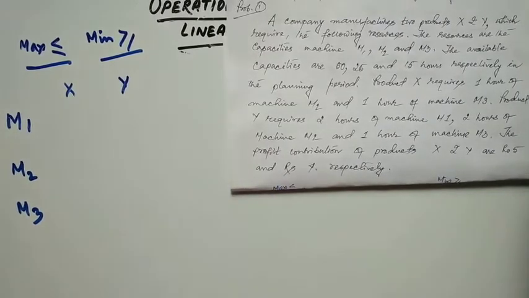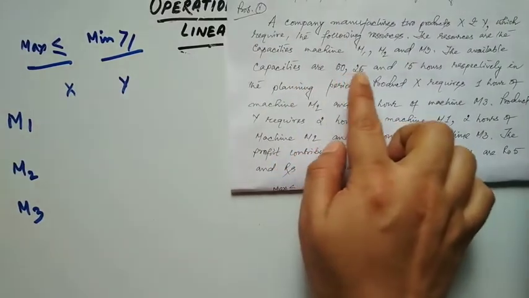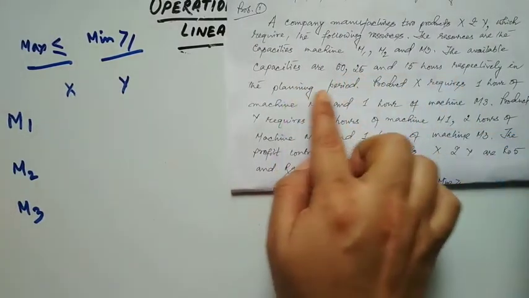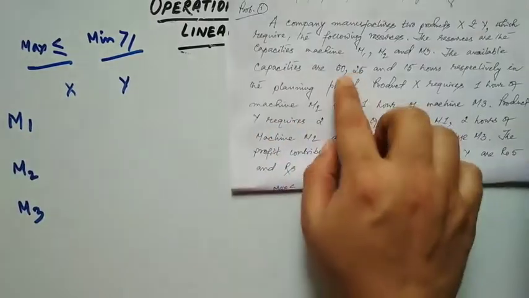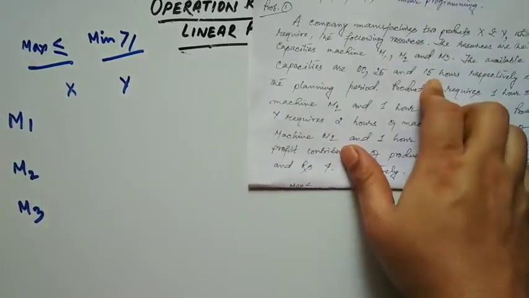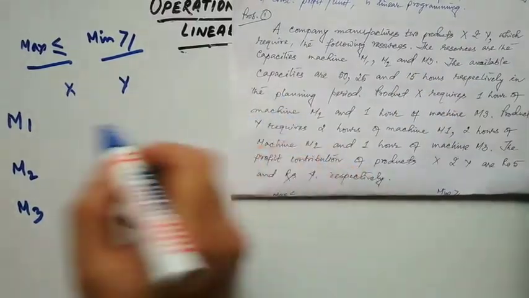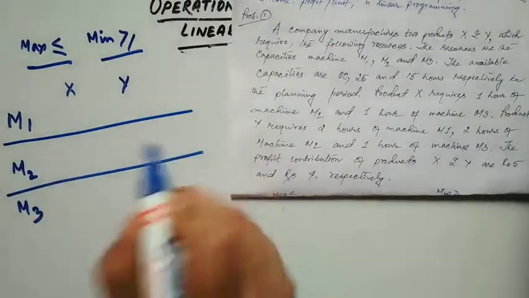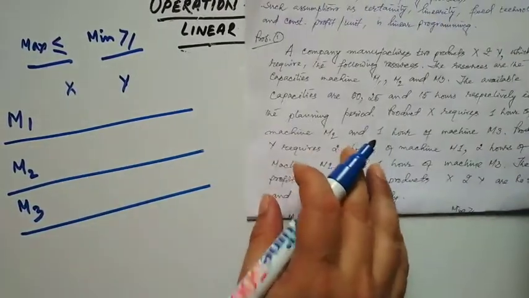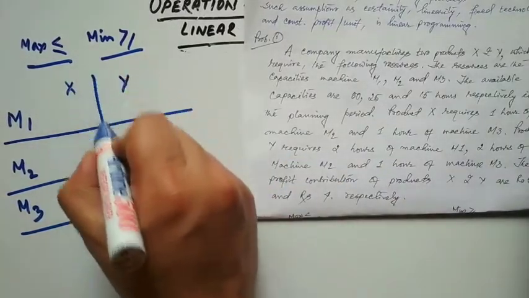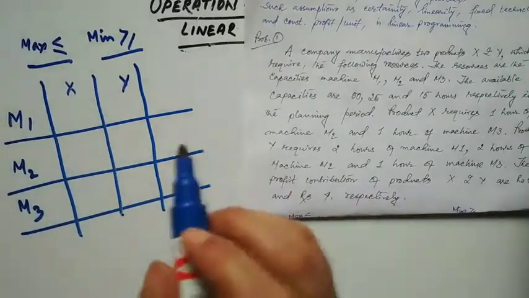Next, now the available capacities are 50, 25 and 15 hours respectively in the planning period. You just have to write the available capacities of these particular machines, just like that. Be careful, be attentive. In this session you will learn how to formulate LPP in a very simple way.